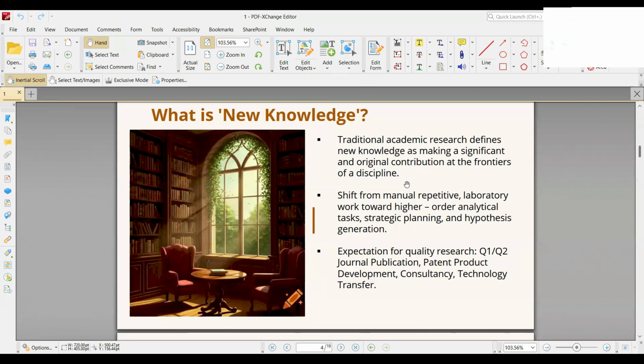So shift from manual repetitions, laboratory work towards higher. To move beyond just writing papers and into patent and technology transfer, researchers should focus on predictive modeling, reproducibility, grant writing artificial intelligence.